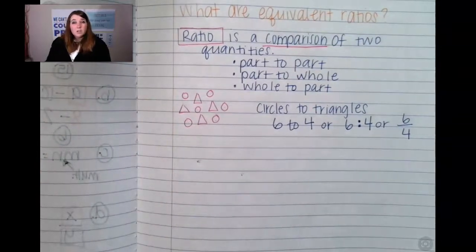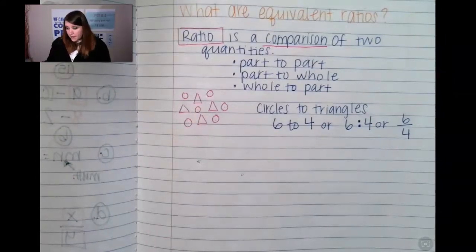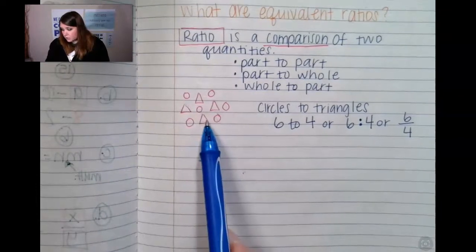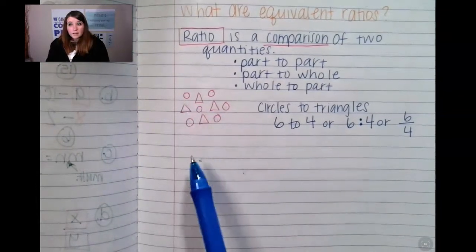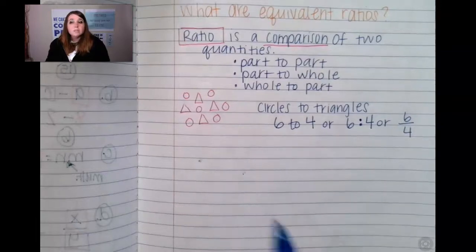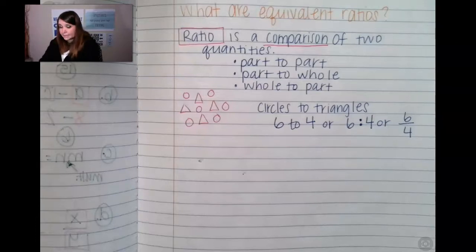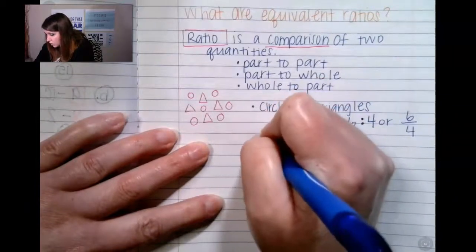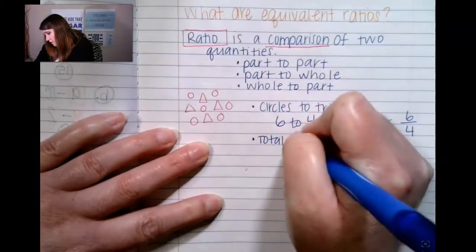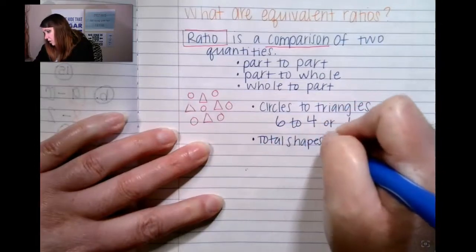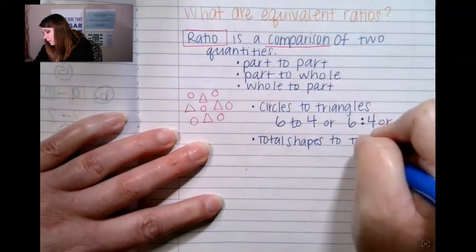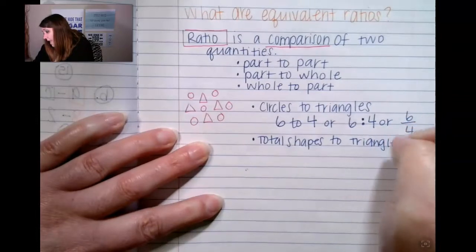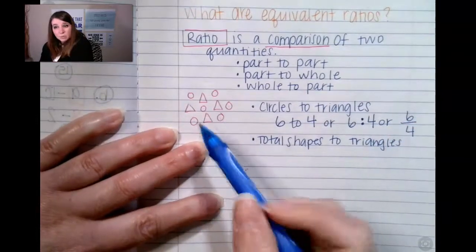Now, if I wanted to know triangles to circles, then I would switch it around and say triangles to circles: there's 1, 2, 3, 4 triangles to 6 circles. So then it would be switched. If it was the whole total, like let's say I wanted to know total shapes to triangles, then I would count how many shapes total there are.